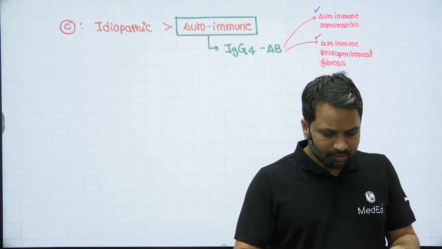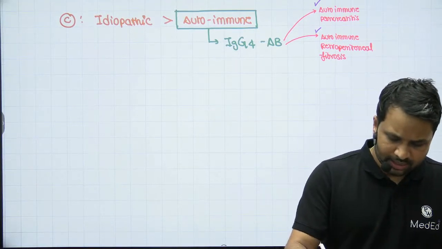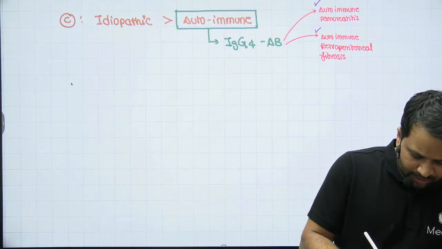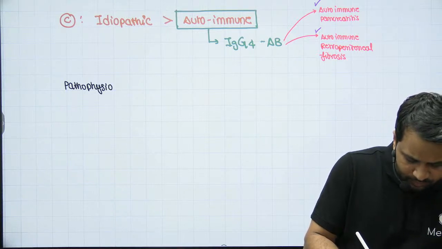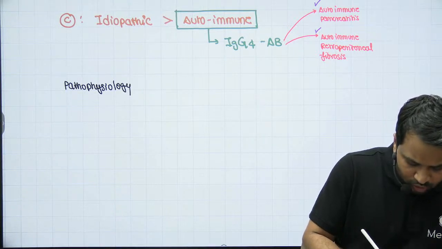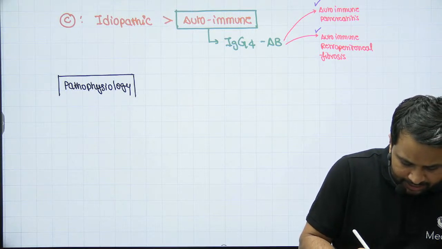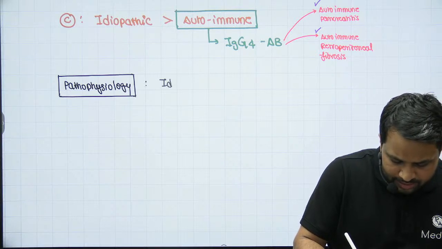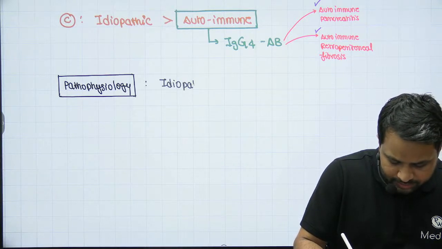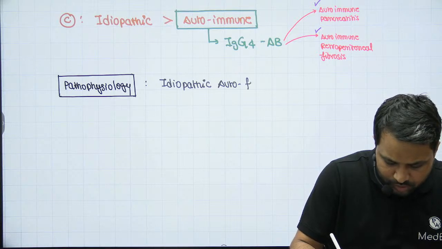Now, if you say what is the pathophysiology of Riedel's thyroiditis, it is an idiopathic autofibrosis. The magic word to remember is idiopathic.